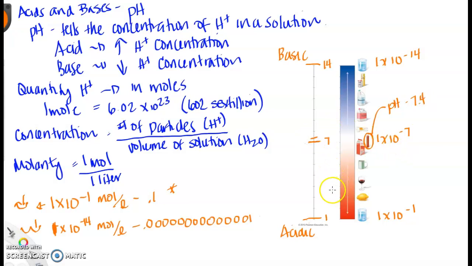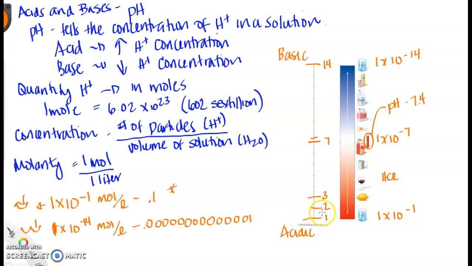So it's a little bit basic. Okay, 7 is basically neutral, neither acidic nor basic. So 7.4, blood's a little bit basic. Hydrochloric acid in your stomach is about a 2. Okay, so that is going to be very, very acidic.